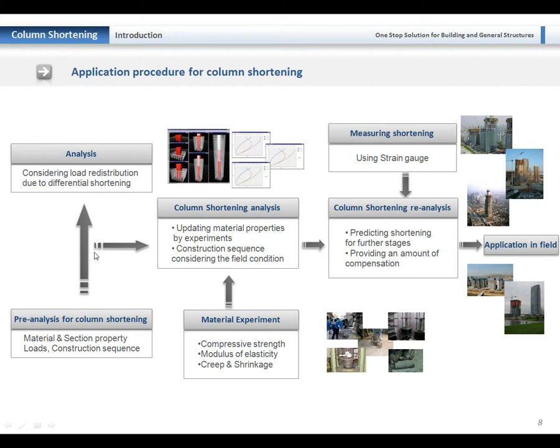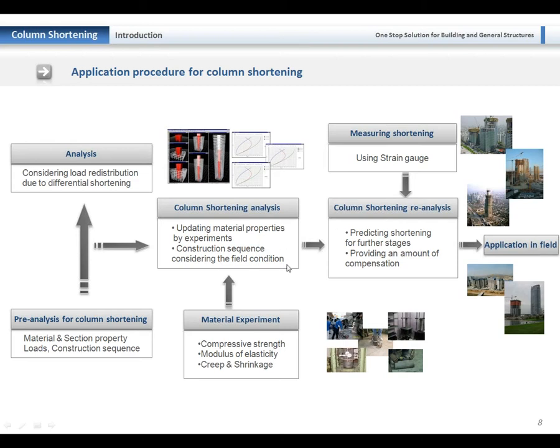Then during the construction, we do measurements, and we need to update the material properties like the elastic modulus and creep, and if there is a tendon, the pre-stress loss, in order to reduce the errors between the measured shortening and the analysis results.